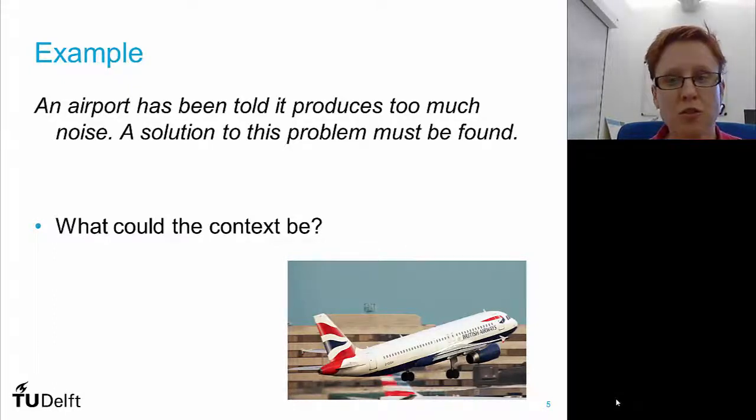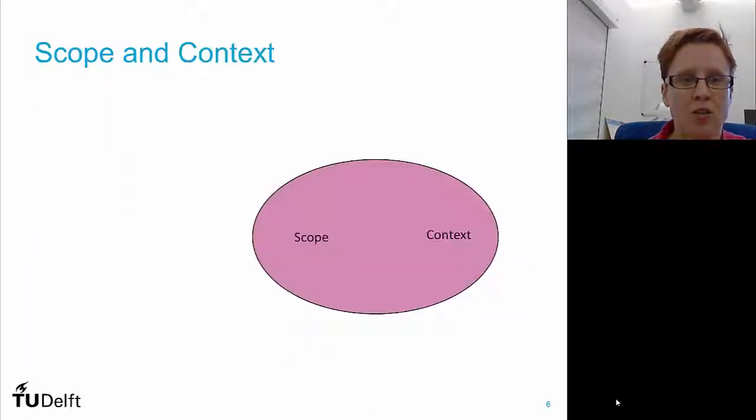So it's very important that you answer all these questions and that you get a good idea of what is actually expected of you. And with that, we don't mean what do I have to do, but more a case of what is the real problem here and how can I help solving this problem. So then we have to talk about things such as scope and context.